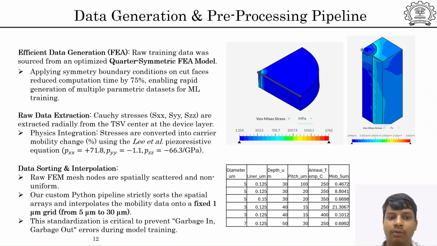We'll also calculate the Cauchy stresses in X, Y, and Z directions, and then use the equation from the literature for calculating the mobility loss. We calculate this mobility loss on a grid from 5 micrometer to 30 micrometer at a fixed 1 micrometer grid. So here are our total data points.